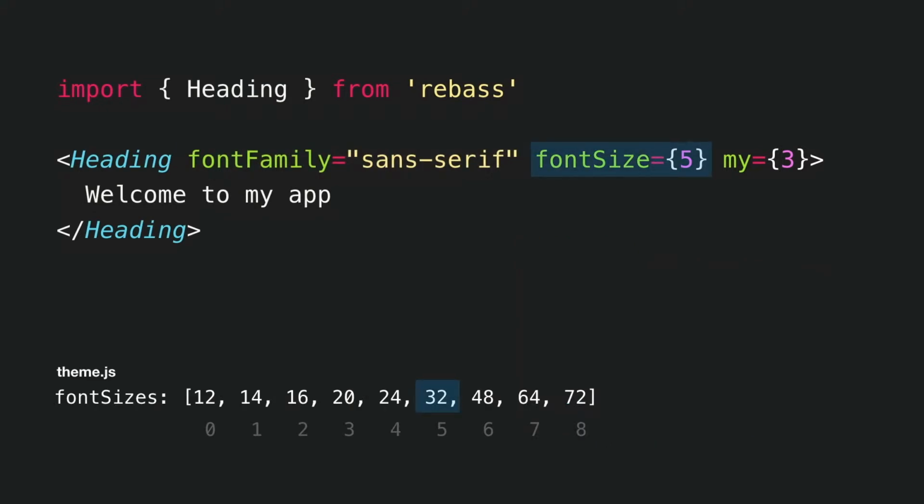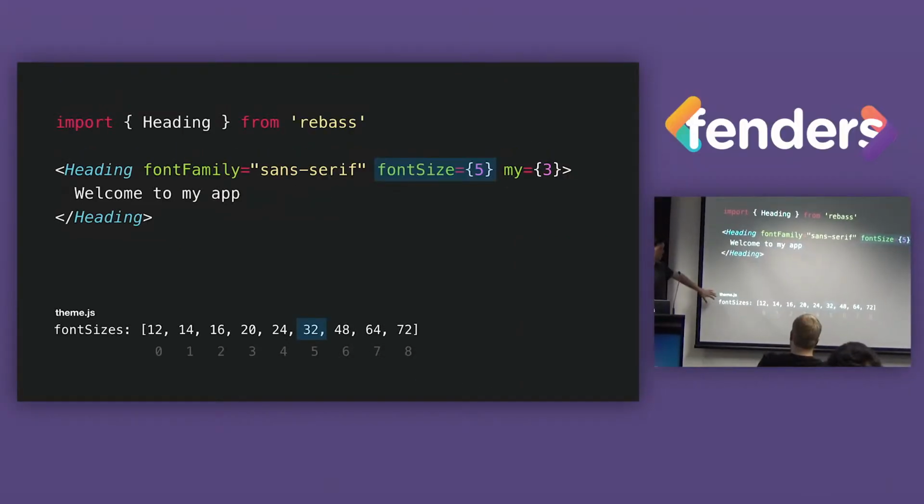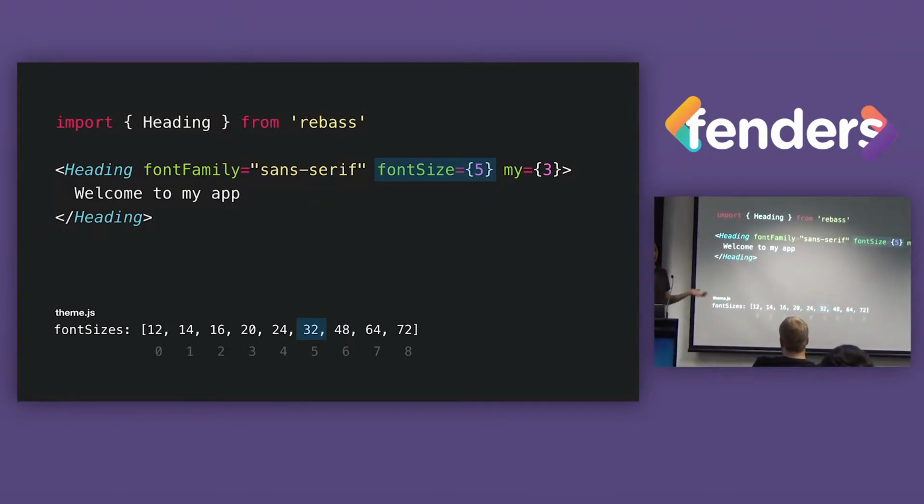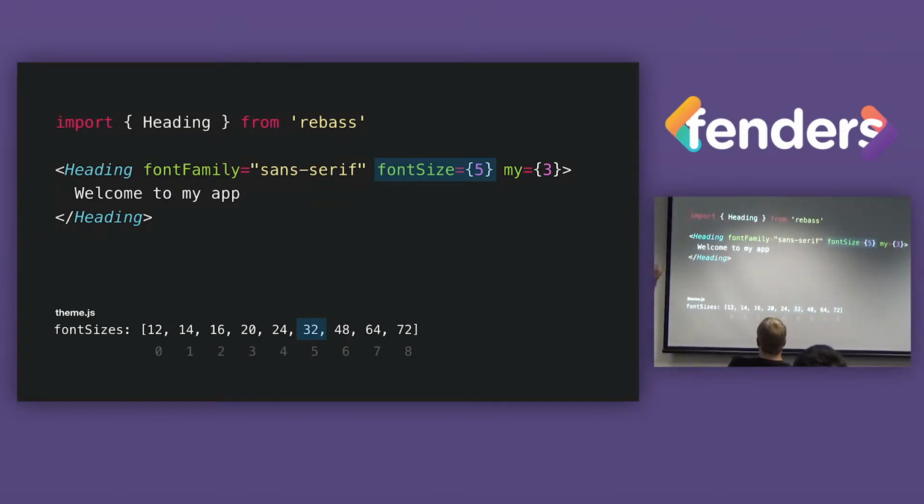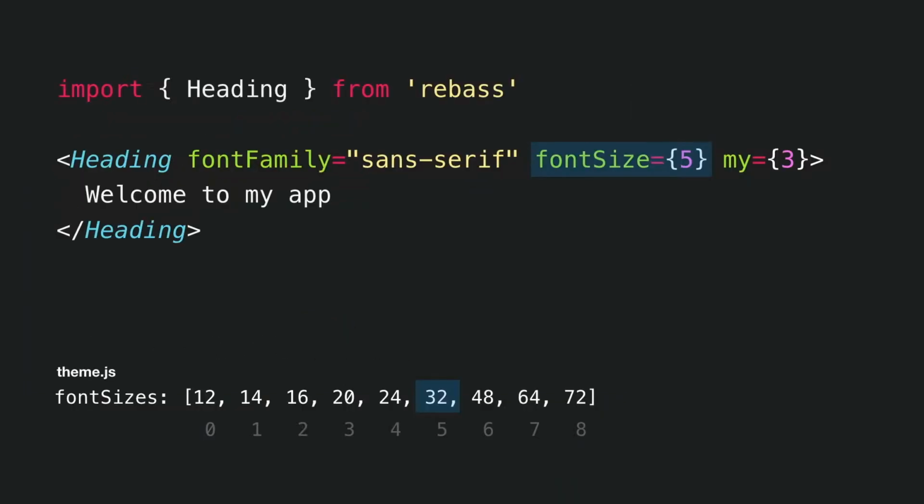Font size is really cool. So we have a theme that goes along with Rebass, and you provide the theme to the rest of the components down the layout. So you have a wrapping component. It passes this theme down to every single component, and you can apply a set of standard patterns throughout your app.